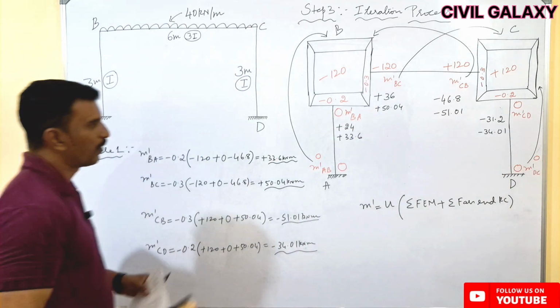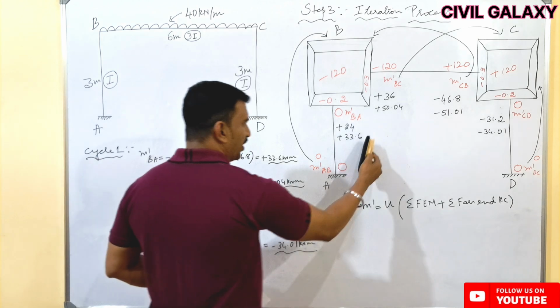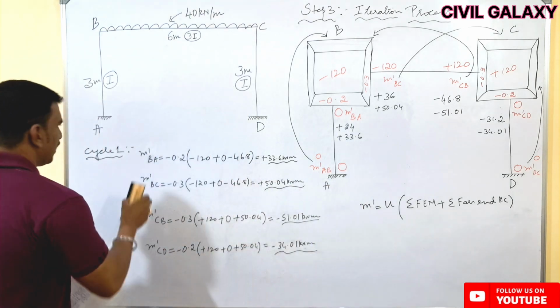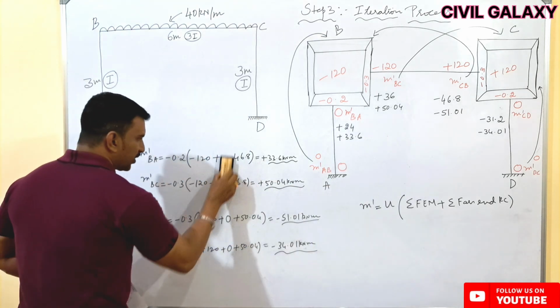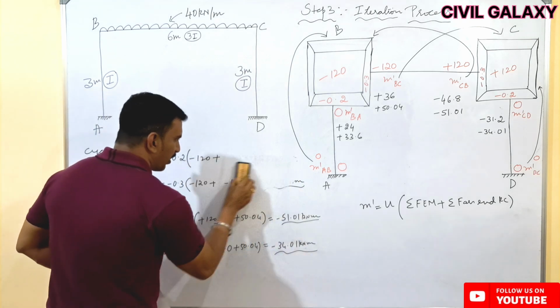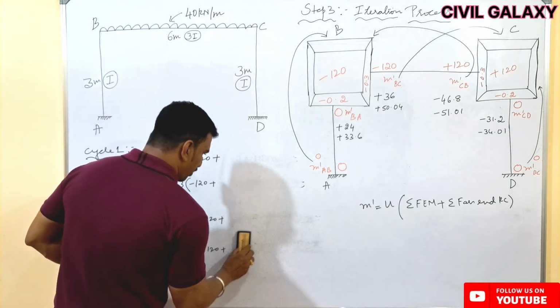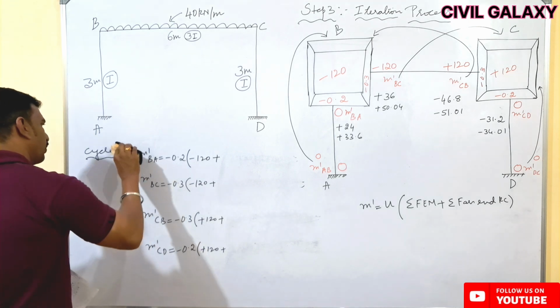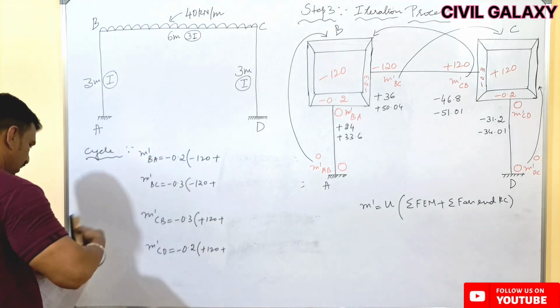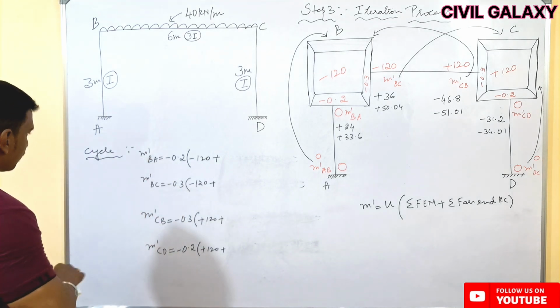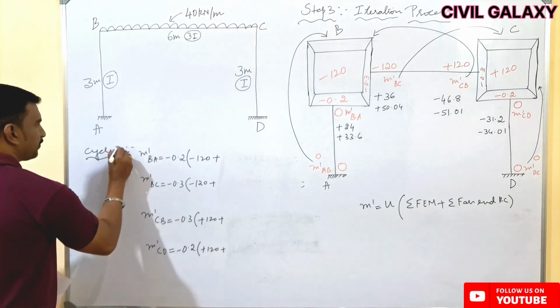So we can see how the values are changing. We need to consider the iteration process until we get similar values. So probably this was the second cycle. Now we'll go for the third cycle. This is cycle 3 now.